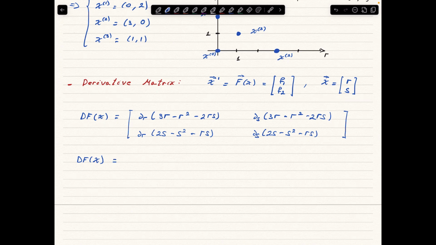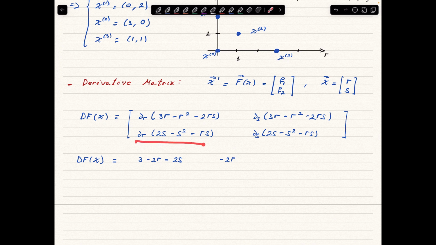If we do the partial derivatives, what do we get? We get a 3 minus 2R minus 2S, the derivative with respect to R. Here the derivative with respect to S kills those terms, and we have only negative 2R.